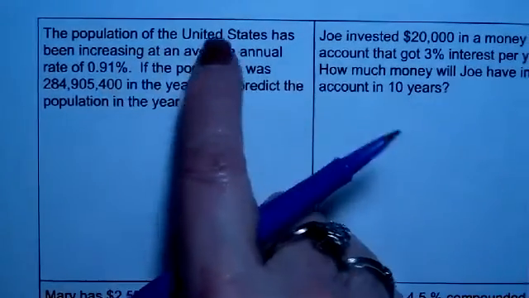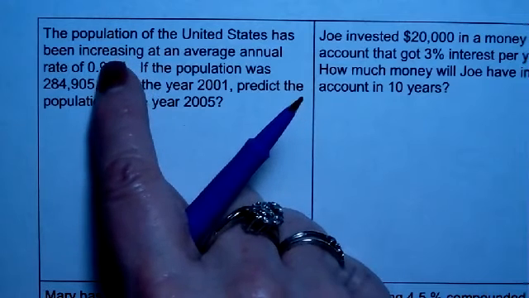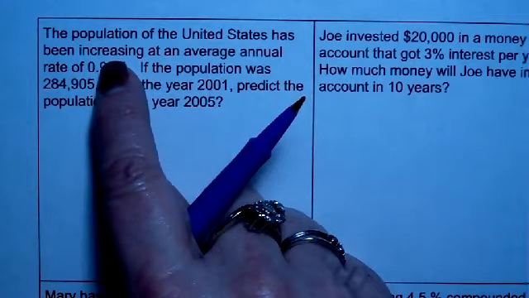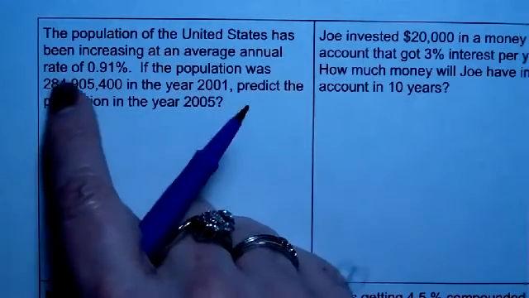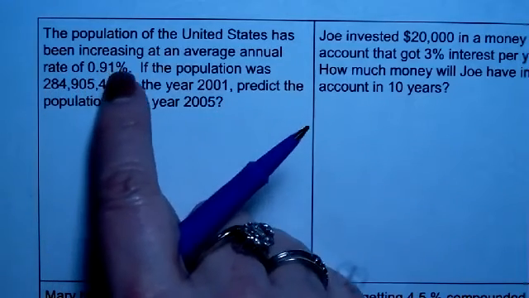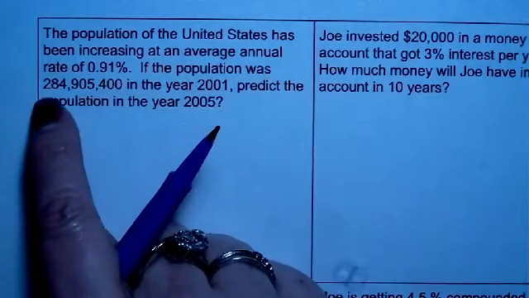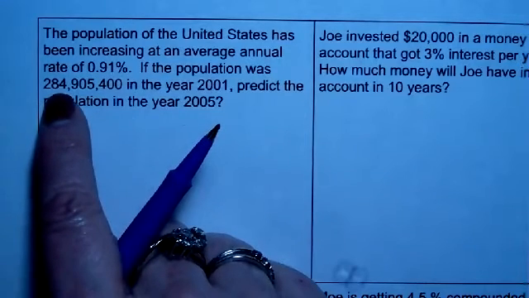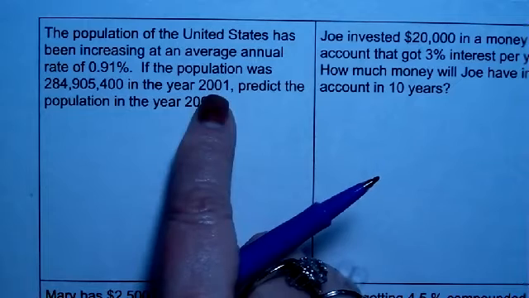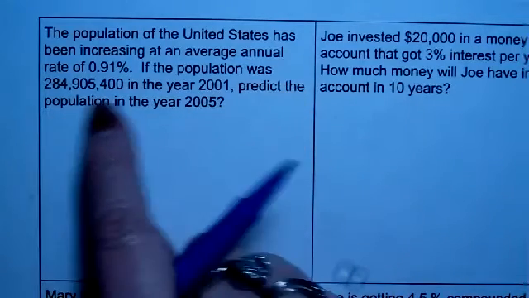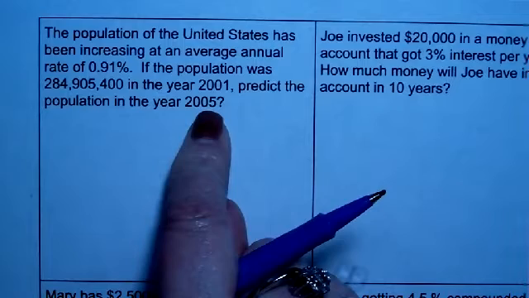The population of the United States has been increasing. Okay, increasing means growth, getting bigger, at an average annual rate of 0.91%. If the population was 284,905,400 in the year 2001, predict the population in year 2005.